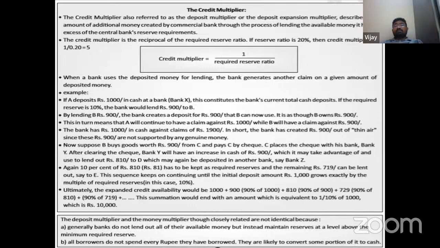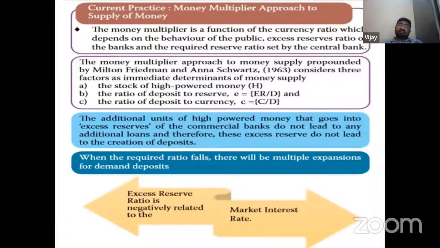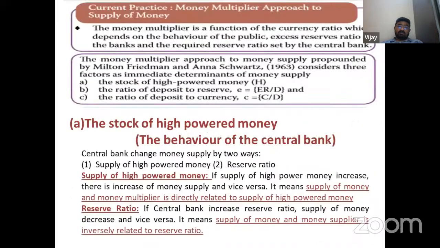Higher the reserve ratio, less will be the money supply. Lesser the reserve ratio, higher will be the money supply. That is, reserve ratio and money supply are inversely related.